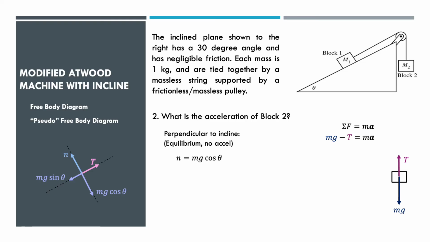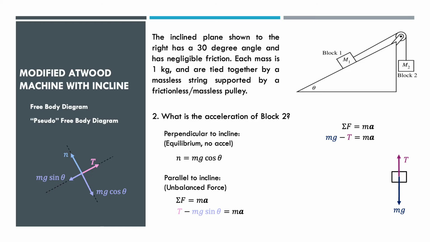I can assume that the normal force equals the weight times cosine because there is no acceleration happening perpendicularly. The object is not flying off the incline or being dug into it, so I just use equilibrium. Now, parallel to the incline, I can't use equilibrium because the tensional force is winning. So I do Newton's second law for that as well.